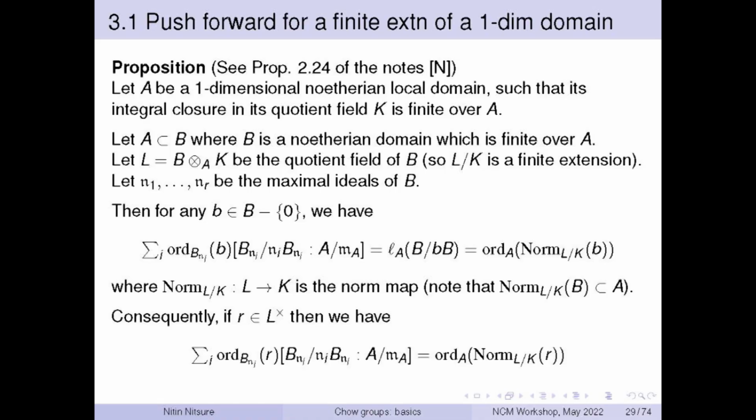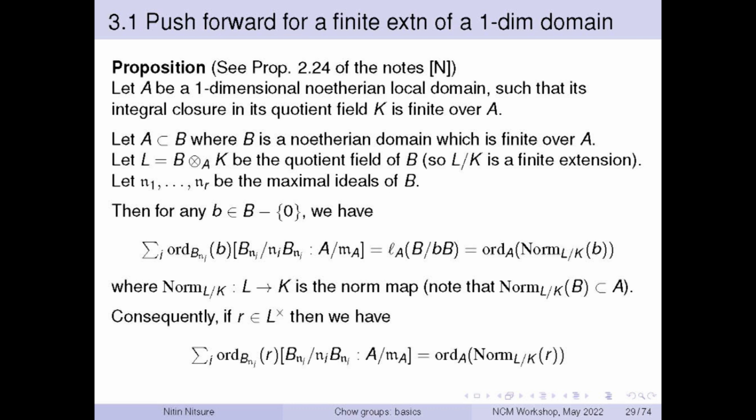Why is this true? Why are these degrees coming in this order, etc.? The reason is this element b, we have gone modulo it, and up there is a semi-local ring.